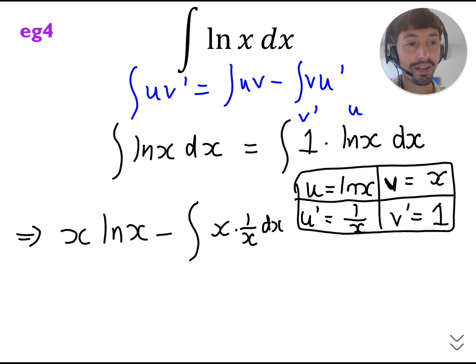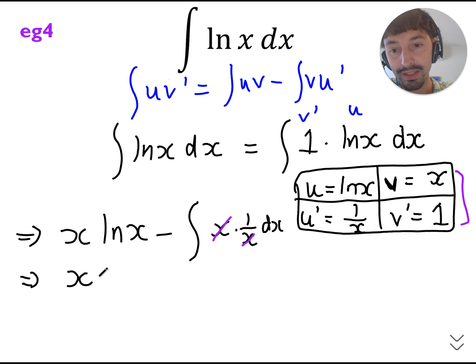Now, that's nice because x multiplied by 1 over x, the x's cancel. So we're left with just the integral of 1, which we did earlier, didn't we? The integral of 1 is just x. So we get x ln x minus x plus c.